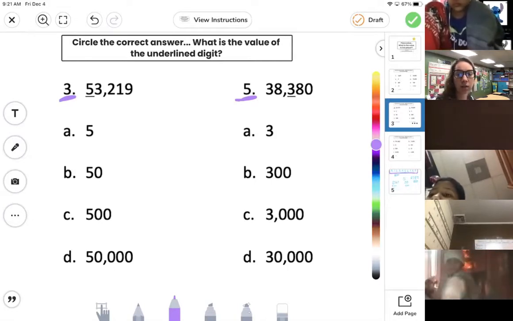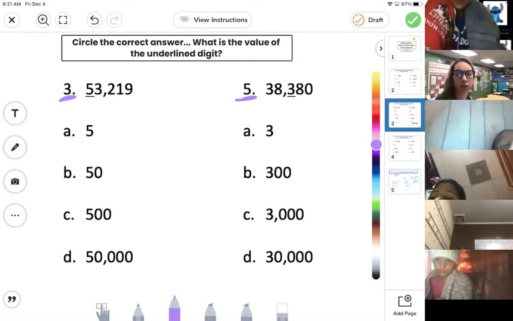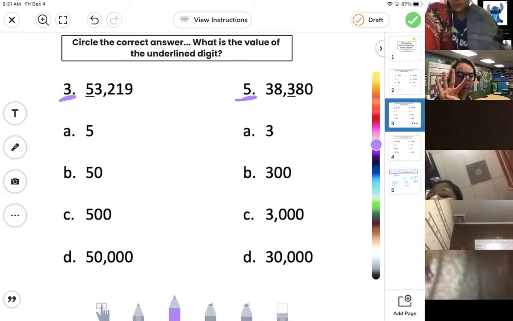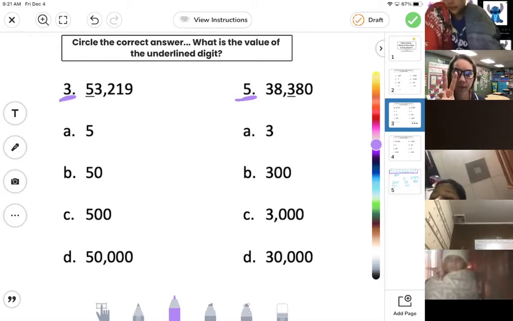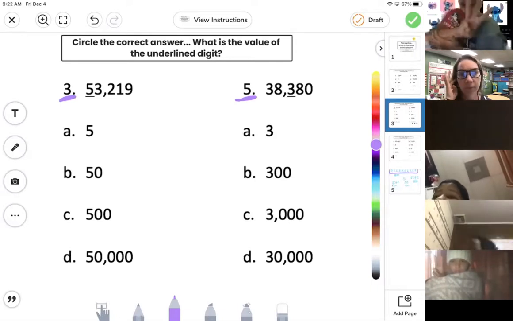Do you think it is A, B, C, or D? The underlined 3. Which is the correct answer? Can I say it? Nope, not yet. Show me your fingers: 1 finger for A, 2 fingers for B, 3 fingers for C, or 4 fingers for D.